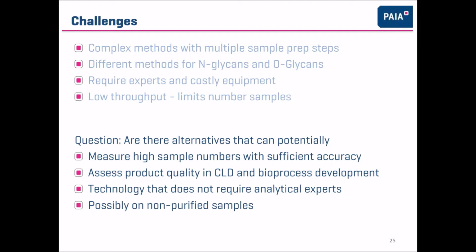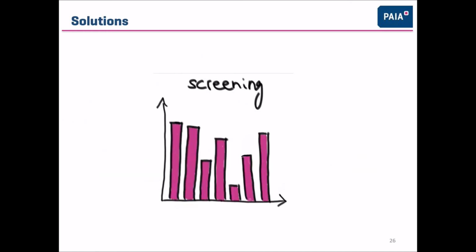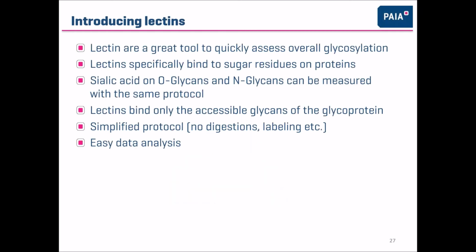And maybe is there a technology out there that doesn't require a lot of analytical expertise and possibly also works on non-purified samples? So that leads me to potential solutions which involve screening assays to overcome some of these limitations of the traditional analytical methods.